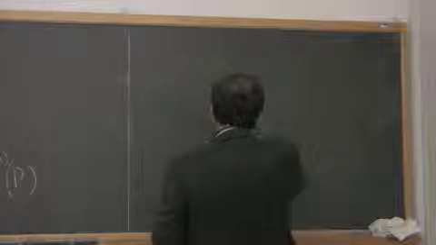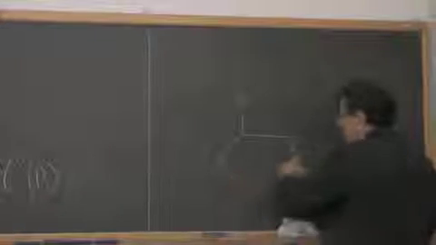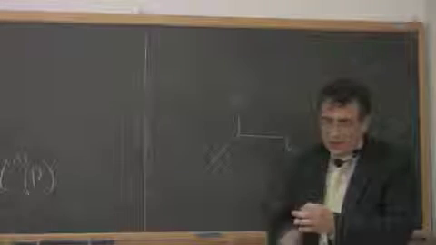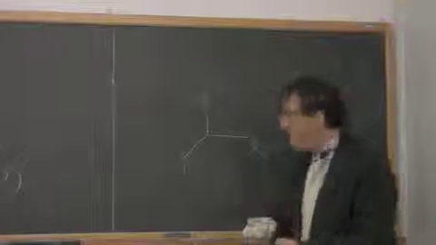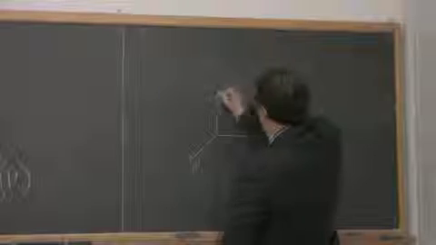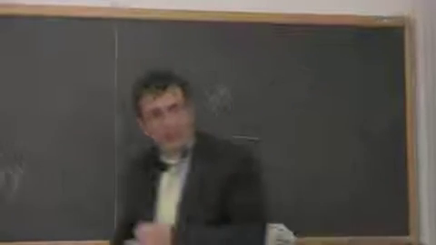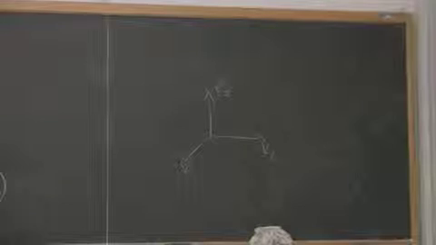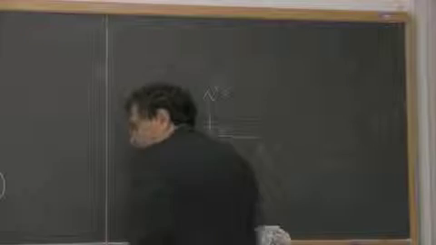I tried. Of course I cannot draw very well, so you have to imagine. Imagine to have a disk in the plane E1, E2, and to translate it along E3, okay? And you translate it by a measure which is epsilon square.